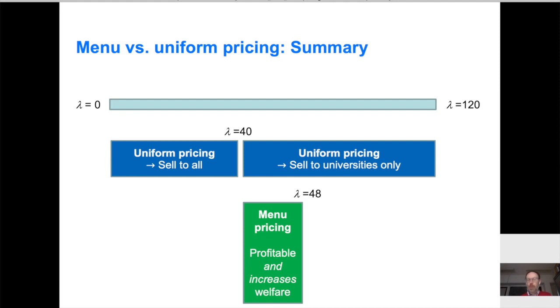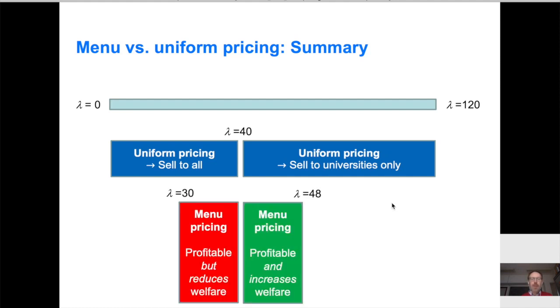Now, if you look at what happens with menu pricing, there is one scenario which is good for everyone. If the number of universities is somewhere between 40 and 48, then menu pricing is profitable and so would be chosen by the firm, and it is also increasing welfare, so it also benefits the consumers. Now we have the opposite result.